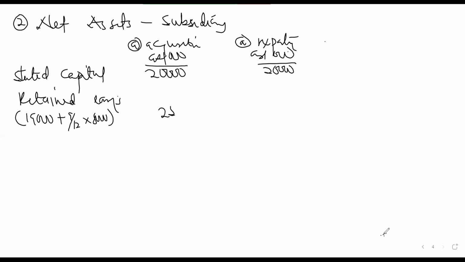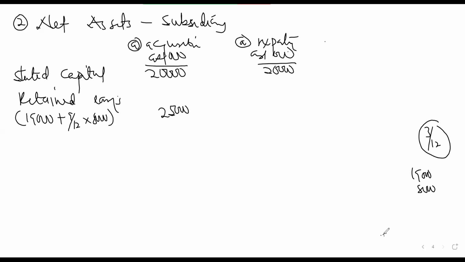The same way, someone can also do 19,000 plus 8,000. That is the total retained earnings at the end of the year. But there is a post-acquisition profit of 3 months, so you just calculate 3 months and take it from there. You'll be getting the same answer.